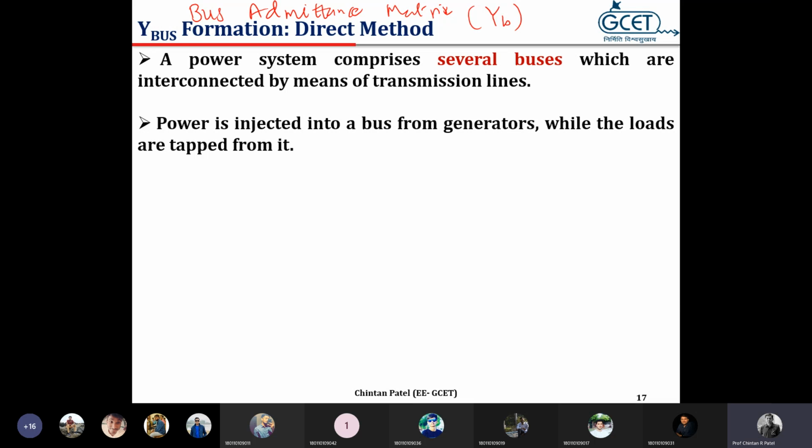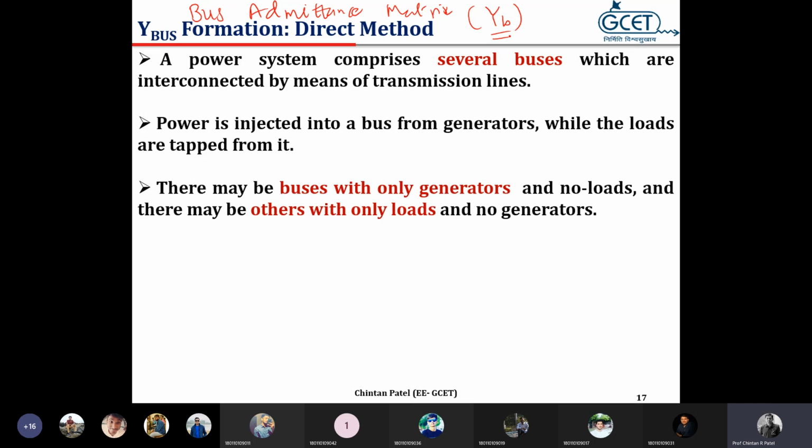So to know this, the Ybus can be used. We can use the Ybus. So in the entire power system, as I said earlier, there may be a few buses with only generators and no loads, and there may be other buses with only loads and no generators.